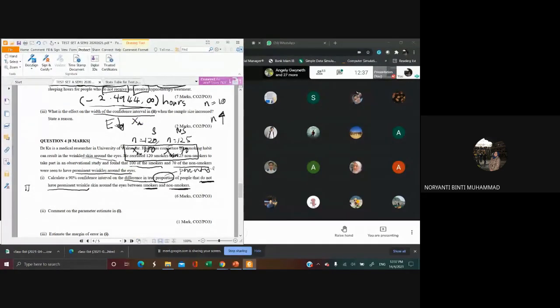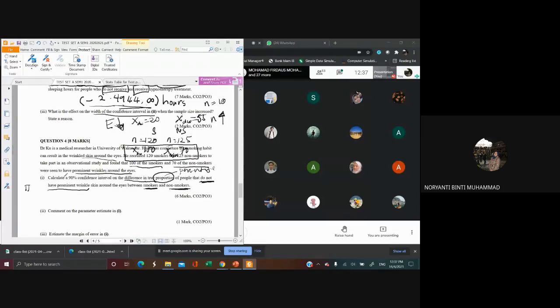Okay, tapi untuk smoker 120 tolak 100. You dapat 20. And then kat sini 125 tolak 70 you dapat berapa, 55 kan? Kat sini you akan dapat X do not wrinkle 55. Okay, tapi ni untuk non-smoker, ni untuk smoker. Okay.